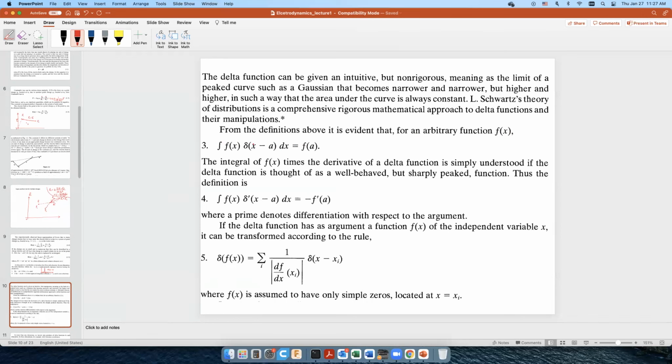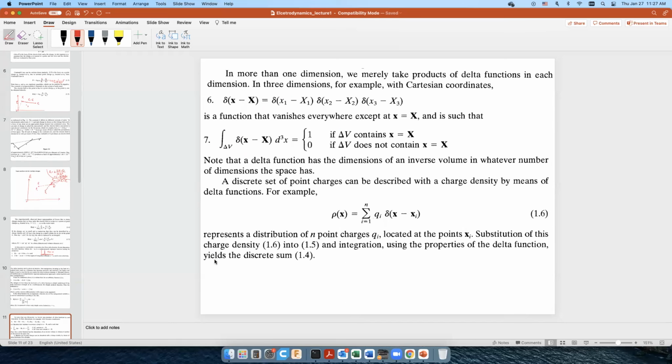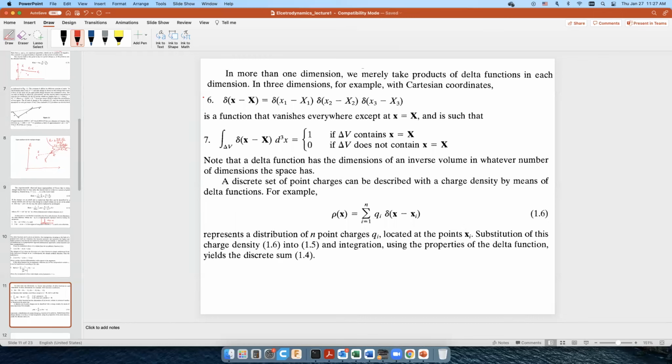If you multiply this delta function by another function and do the integral, if there's no f(x), then the integral should be 1. If you have f(x) here, the integral should be f(a), which is the value of f(x) at a. That's easily understandable. And number 4, number 5, we don't have to pay attention to those. They're out of our course. We don't have to use those functions.